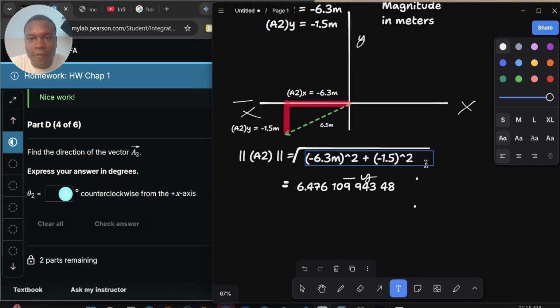We're going to do opposite over hypotenuse, negative 1.5 over 6.5. We're going to do arc sine. Keep it stupid simple.